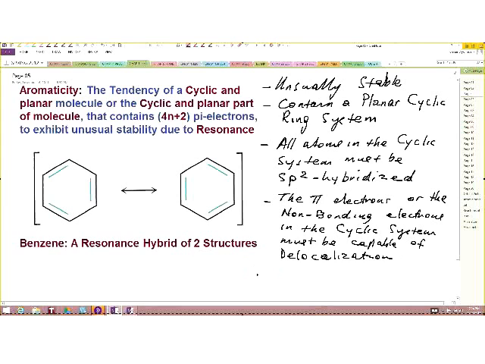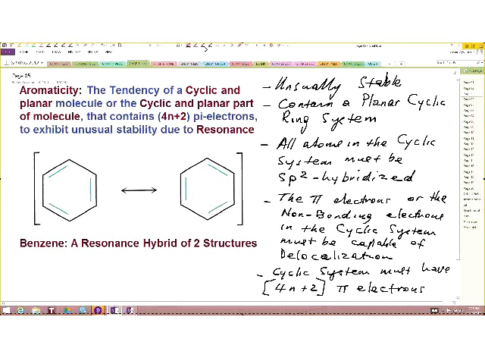Finally, the cyclic system must have 4n plus 2 pi electrons.